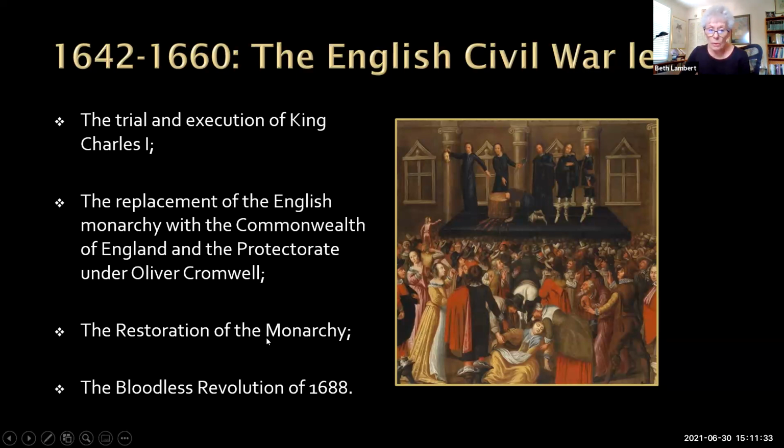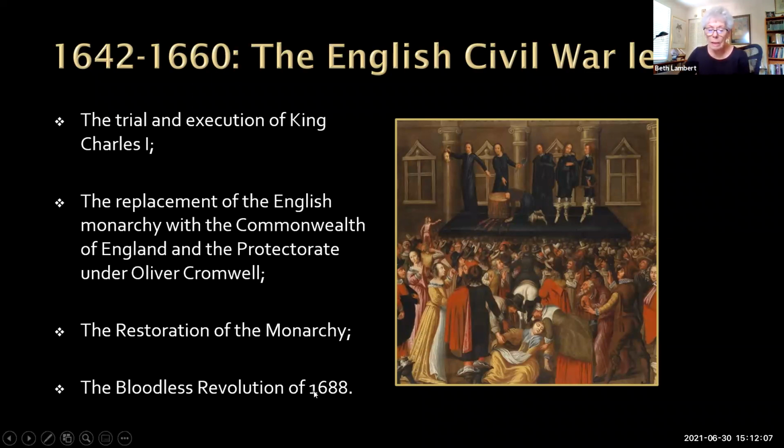This came about with the restoration of the monarchy when they saw that Cromwell died, his son took over. His son was not Oliver Cromwell. And by that point, the Protectorate was falling apart. They got one of the generals to go to Charles II, the son, who was sheltering at The Hague, and asked him to come back, which he did in 1660.